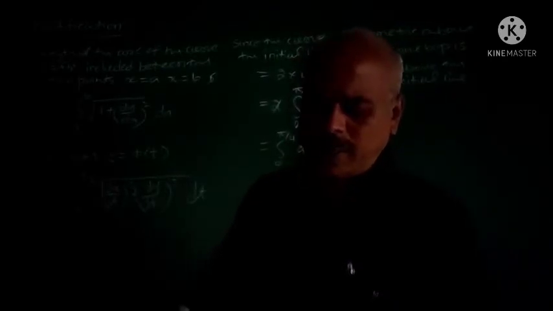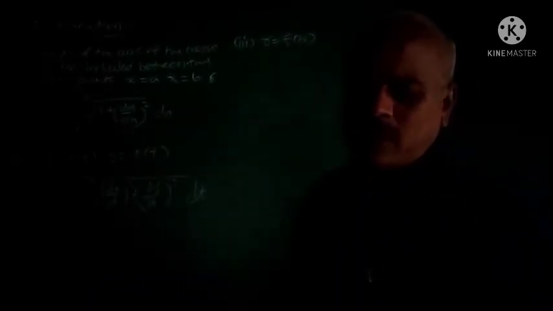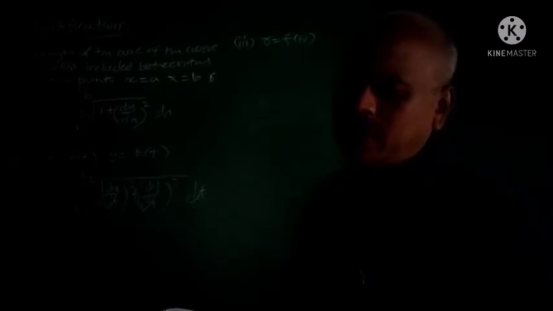Next, the length of the arc of the curve, third one, polar form, r is equal to f(theta), included between 2 points whose vectorial angles are alpha and beta is integral alpha to beta square root of r squared plus (dr/d theta) whole squared with respect to theta.